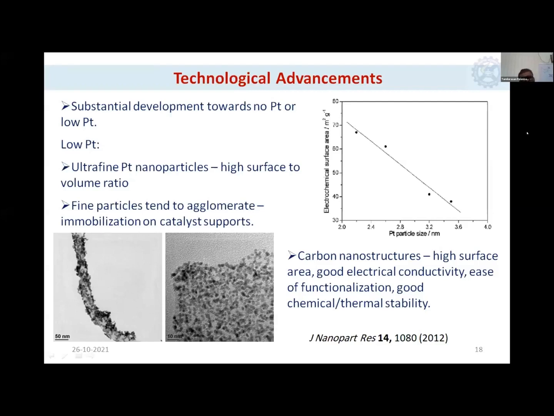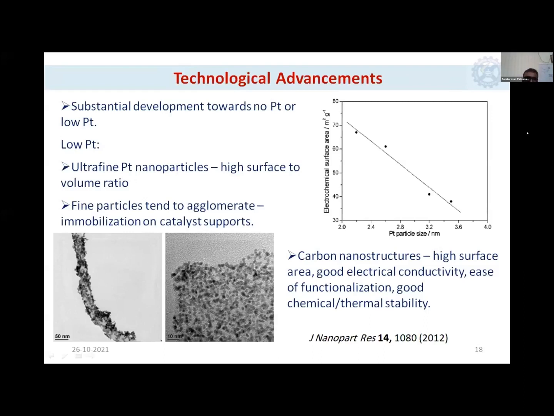Not only that, these carbon nanostructures have very good chemical and thermal stability also. So putting everything together, when compared to other supporting materials, carbon nanostructures are ideal as a catalyst support for fuel cell applications.